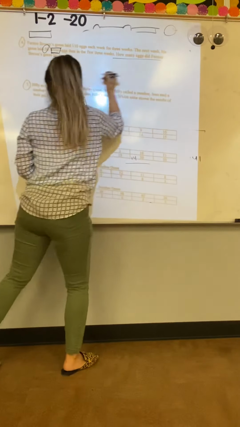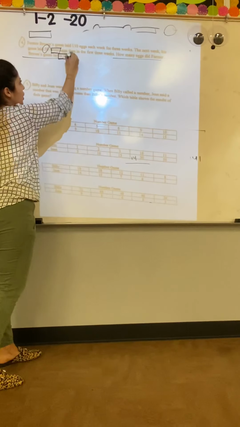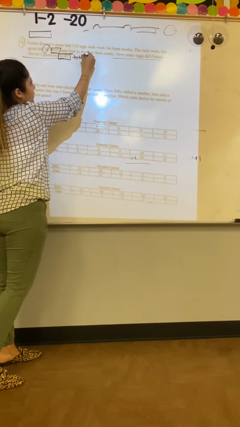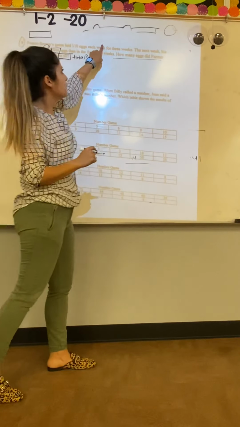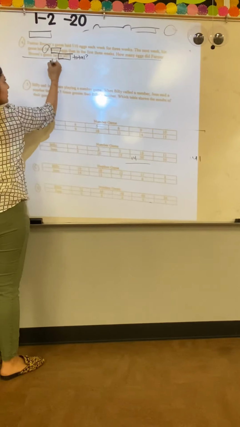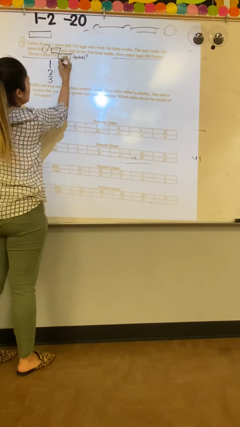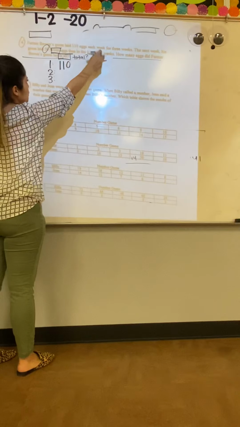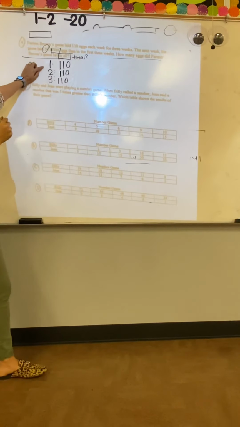We need to determine how many eggs did Farmer Brown's geese lay in all. So here, we're looking for the total. Well, let's go ahead and set this up. We know for the first 3 weeks, week 1, week 2, and week 3, the geese laid 110 eggs each week, every week, for those first 3 weeks.